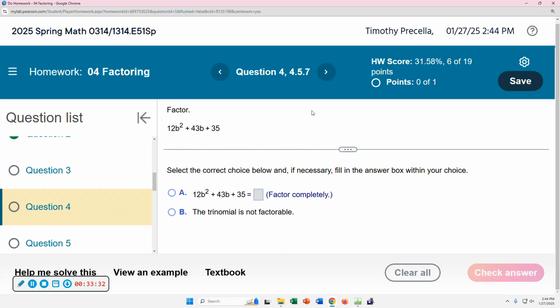Okay, problem number 4. I better flip over, don't you think? Number 4 is 12b squared plus 43b plus 35.